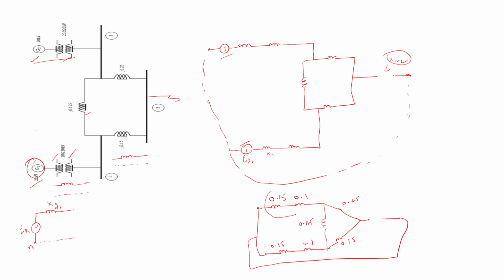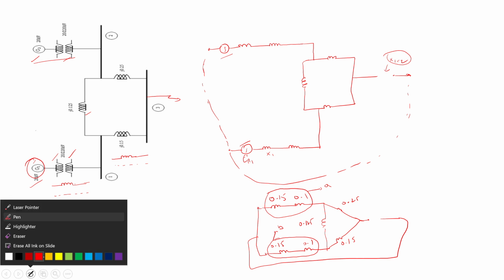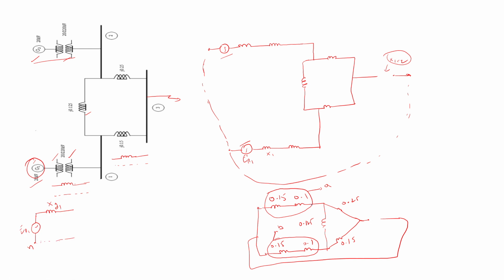Now these two reactances are in series; let us take that reactance as A. And these two reactances are in series; let us take that reactance as B. Now convert this delta into a star network. Then you can get it like this.